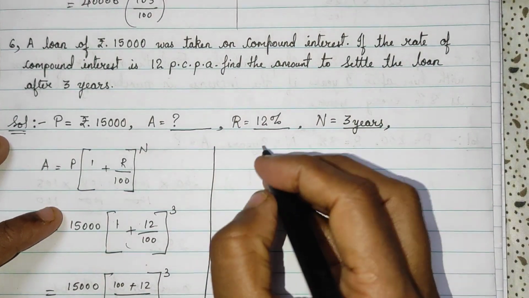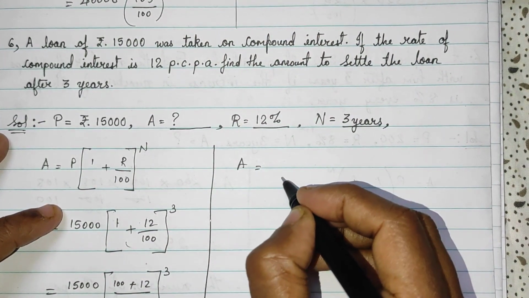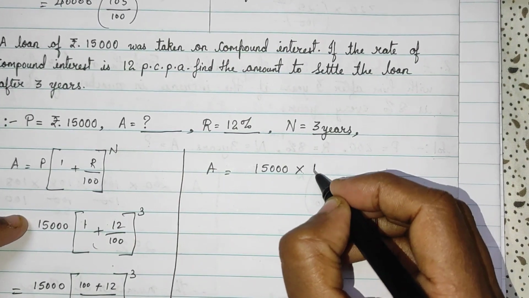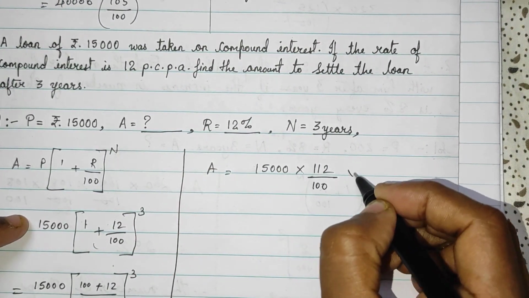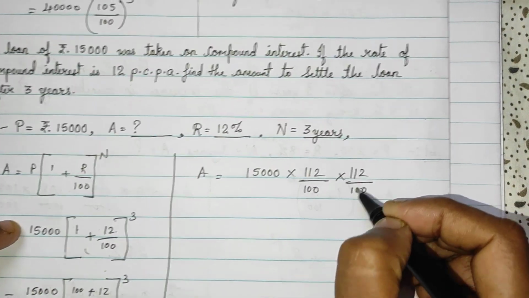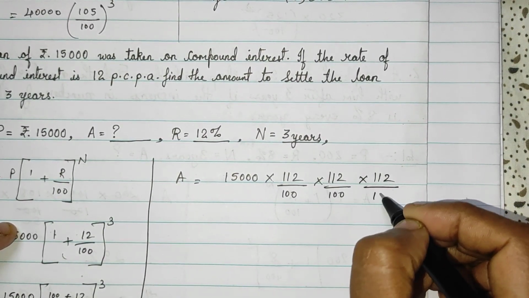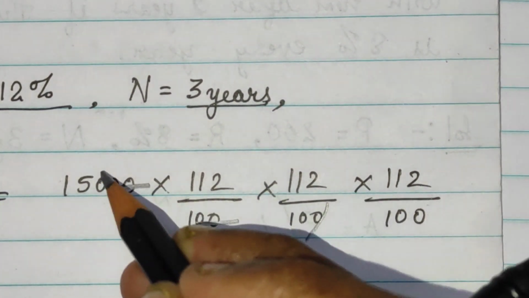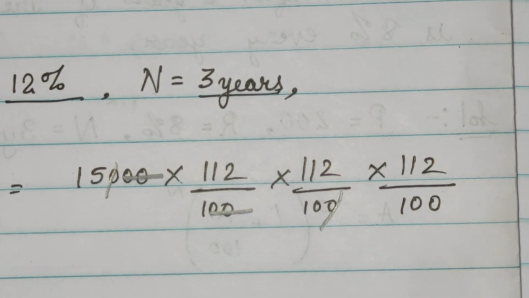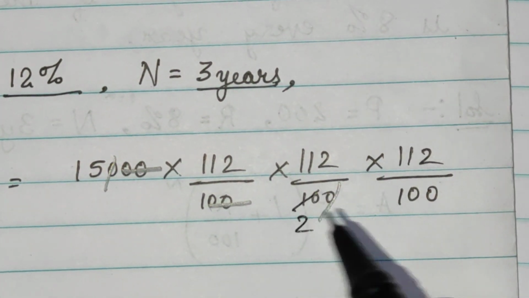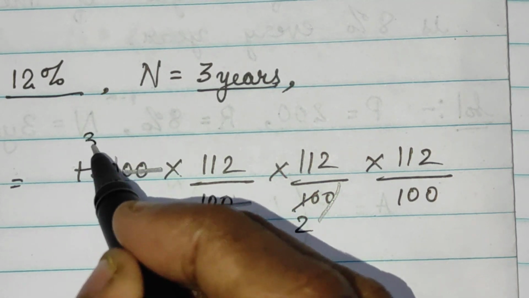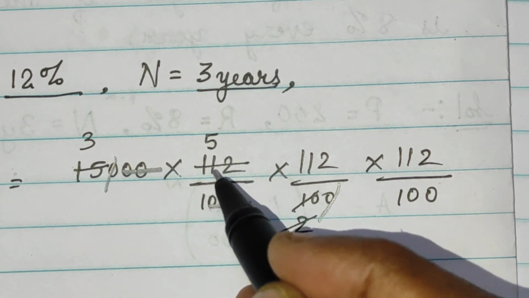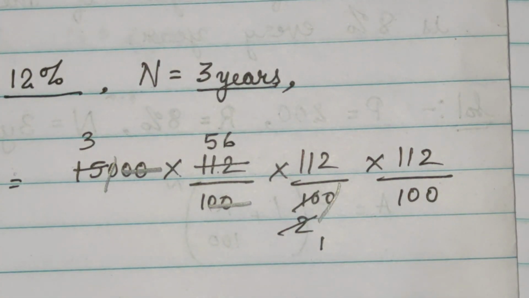So amount equals 15,000 into 112 upon 100 into 112 upon 100 into 112 upon 100. This 0 cancels, 1 0 cancels, then 5 2s are 10, 5 3s are 15, 2 1s are 2, 2 5s are 10, 1 carry, 2 6s are 12.